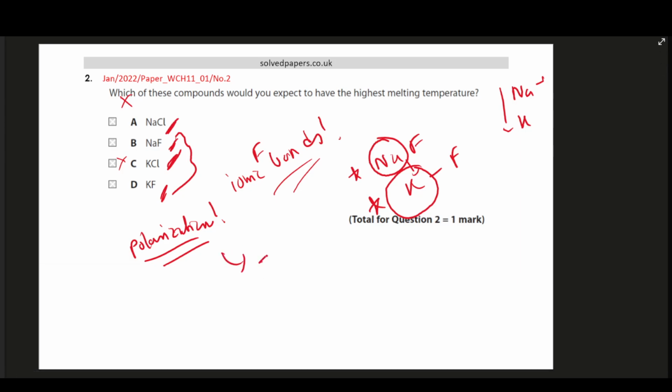The rules of polarization are pretty simple. A smaller size cation and high charge increases polarity.